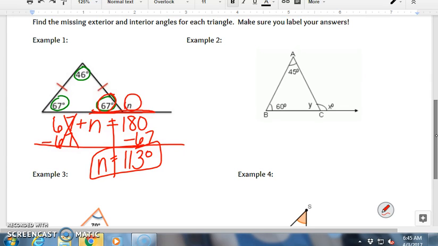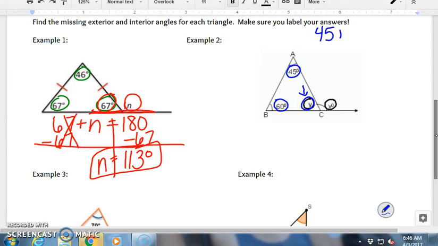All right, the second example is a little more extensive. We have a little bit more work to do because we don't know the interior angle or that exterior angle. So we're going to have to do a little bit more work in the beginning to be able to find both of those. So guys, you need to recall that the three interior angles of a triangle equal 180 degrees. So I first have to solve for this angle y.